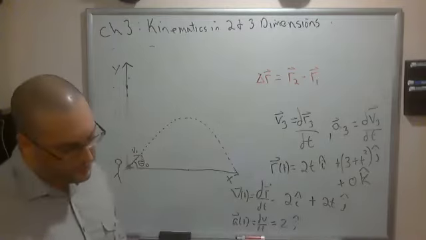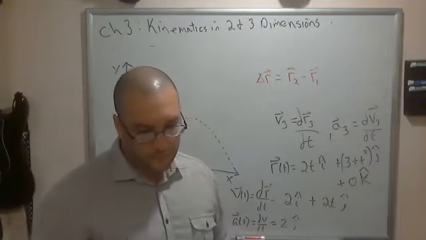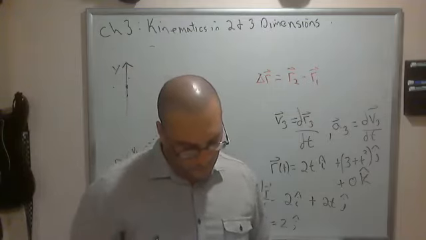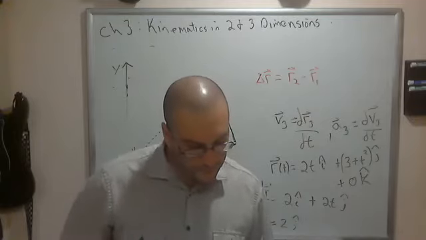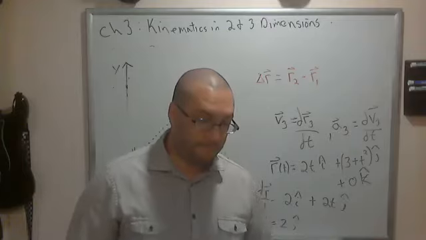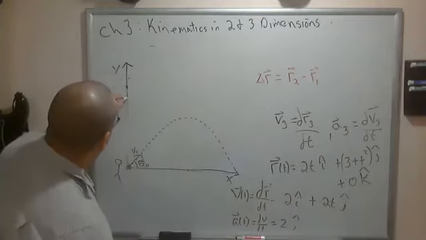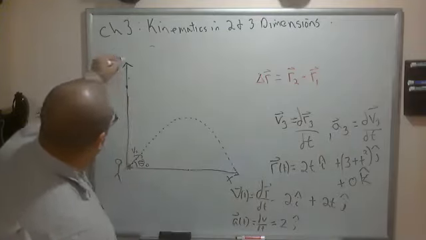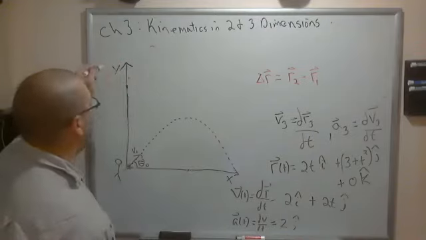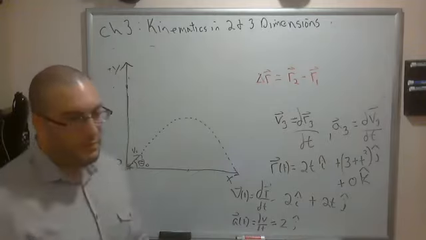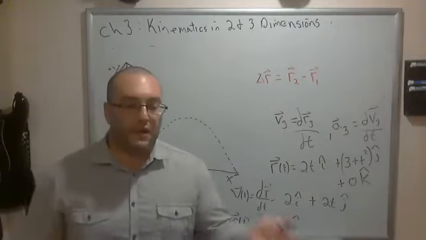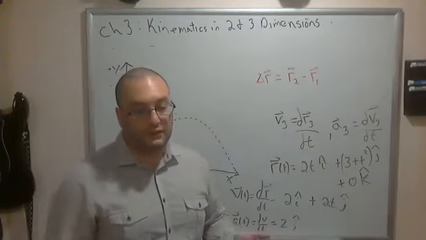Professor? Yes. I have a question regarding positives and negatives. When you go up, we're going positive, and when you go down, how does that work exactly? You choose it for the problem. Right now, the positive y-axis is going up, but you get to choose which direction is positive and which is negative.